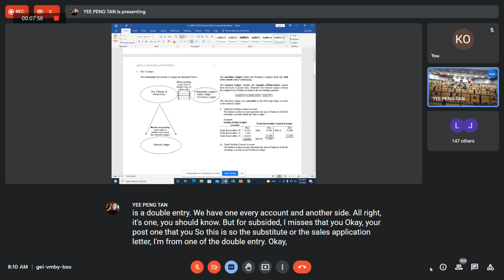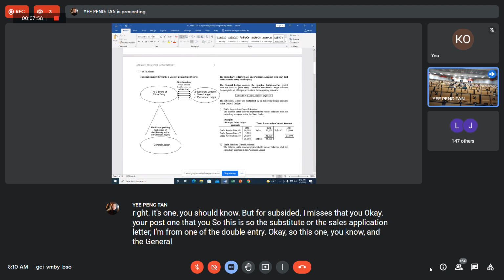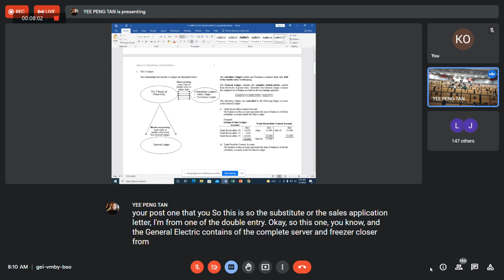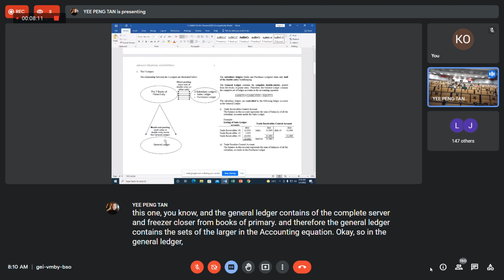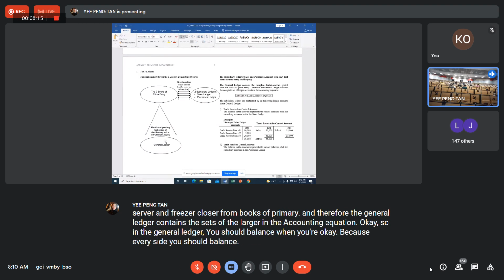The general ledger contains the complete double entries posted from the books of prime entry, and therefore it contains the full set of ledgers in the accounting equation. So in the general ledger, the debit side and credit side should balance.